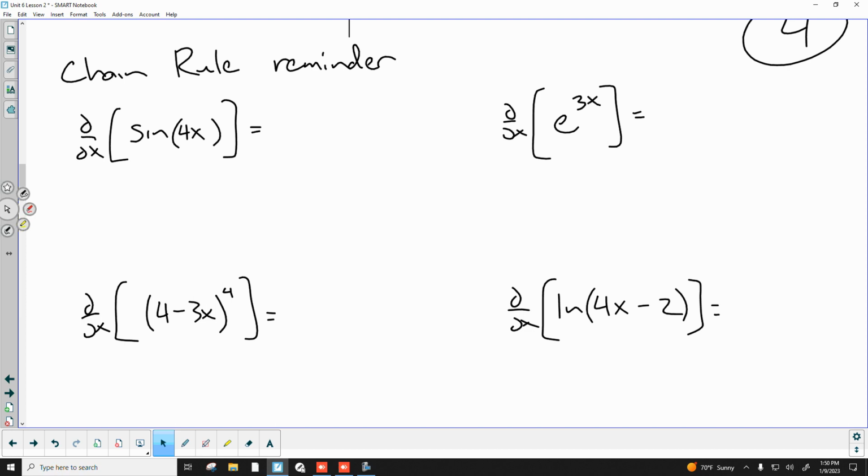But who remembers some key rules, key things to remember when you're taking the derivative of a chain? What's a key thing I told you guys? Oh, don't forget this. What starts in the parentheses stays in the parentheses, right?